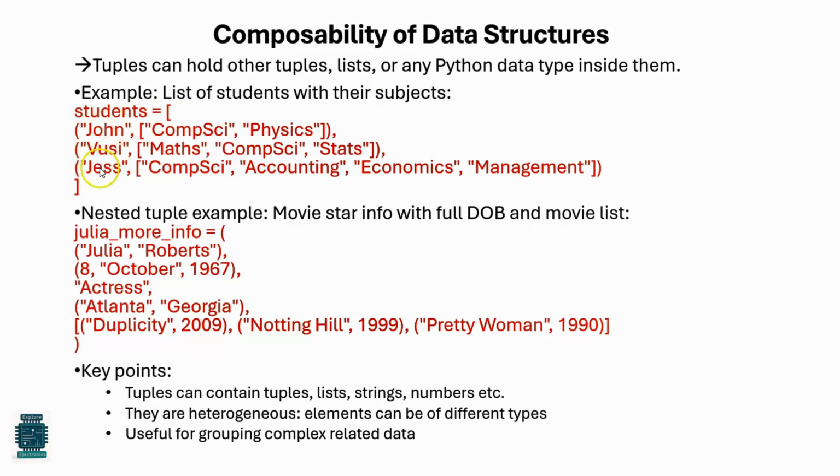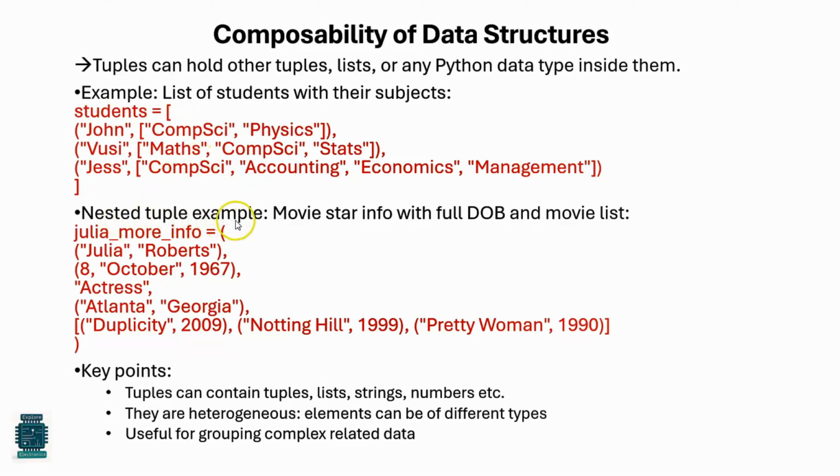These are all the student names, along with the subjects they have enrolled in. Computer science and physics are for John. Maths, computer science and statistics are for Husi, and computer science, accounting, economics and management subjects are for Jess. Got it? These are the student names along with the subjects they have enrolled in.